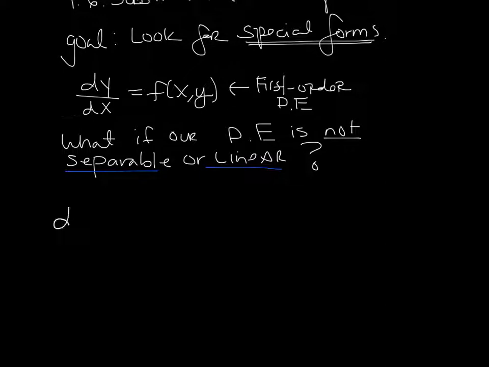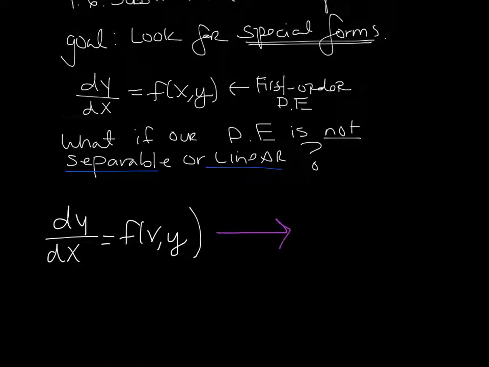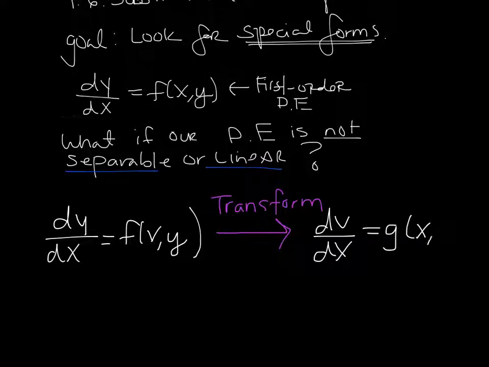Again, we have dy/dx equals f of x, y, and the goal of this section is to transform our differential equation to this form, dv/dx, a function of x and v, instead of x and y.